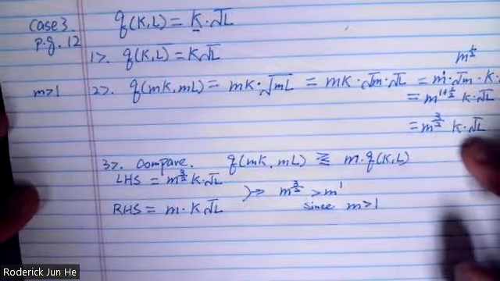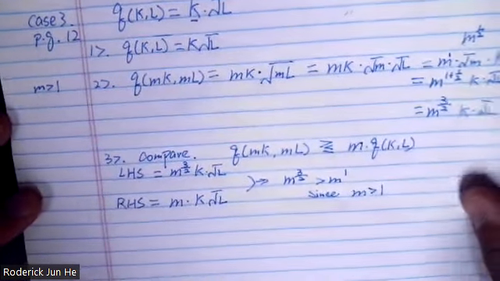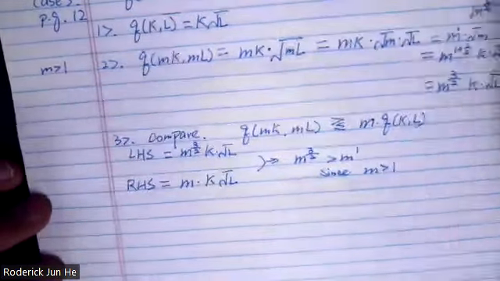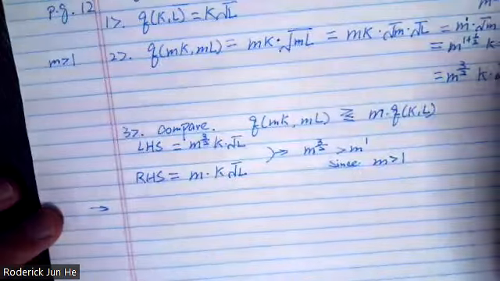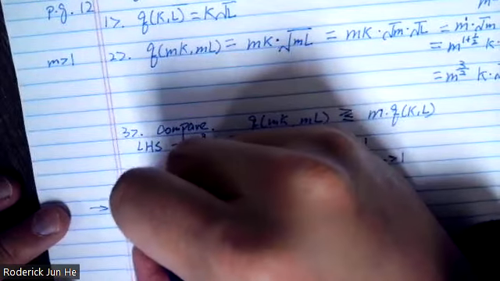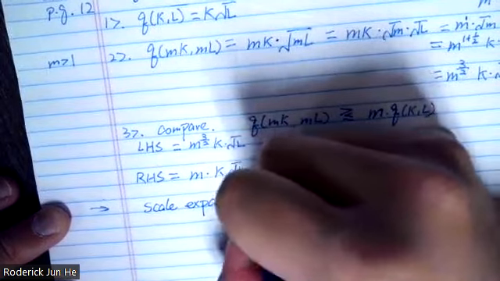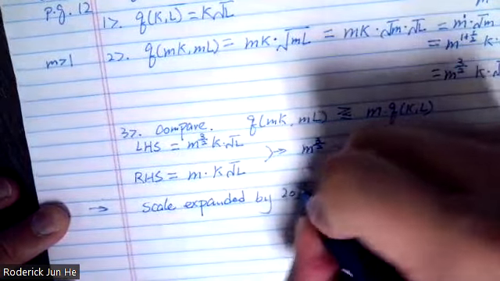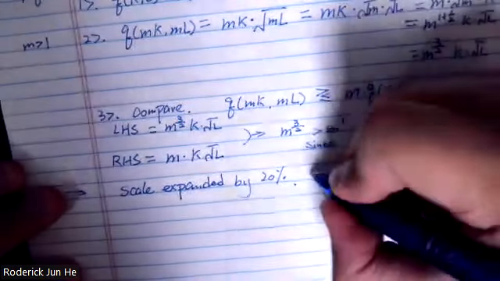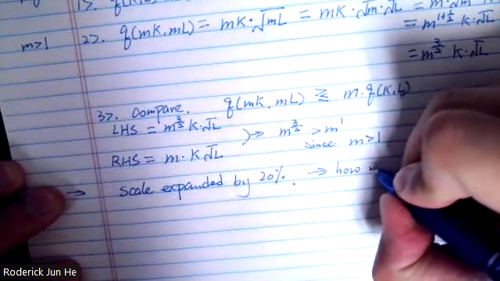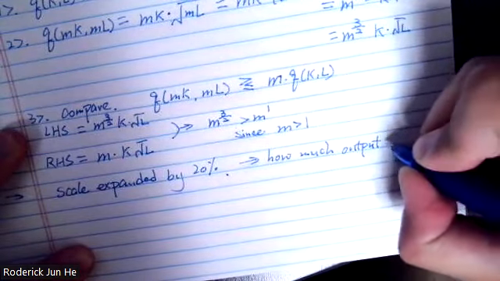Okay, so that's this M method. And if you are given a certain number, so if it is a practical question, say the scale is expanded by 20%, and it's asking you how much output will change.